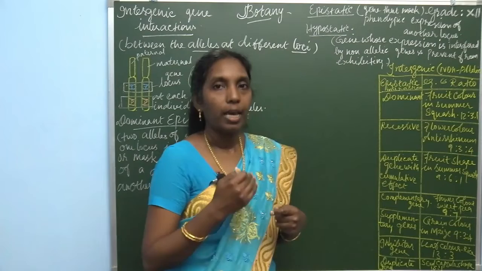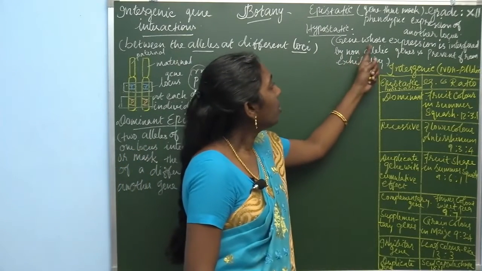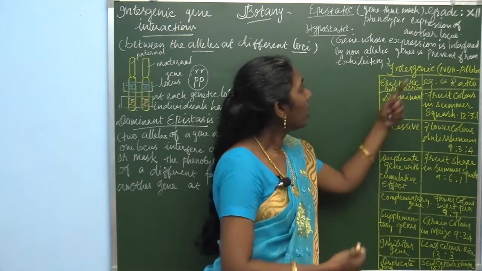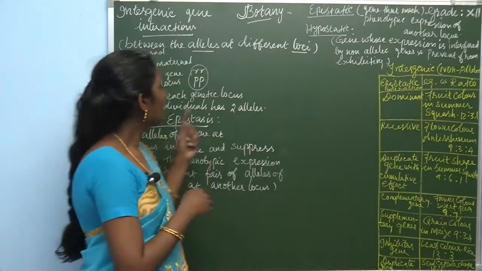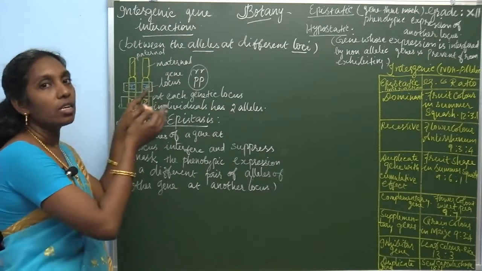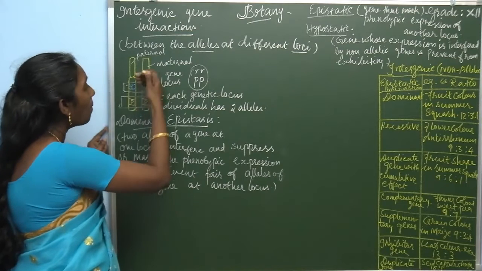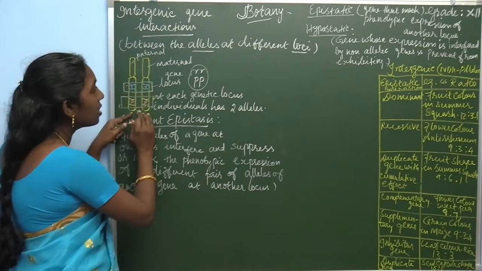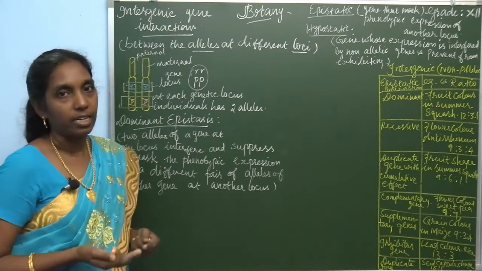What is hypostatic? The gene whose expression is interfered with by non-allelic genes and prevented from exhibiting. So it is never exhibited because the allele of this locus masks the character, that is epistatic, and this expression is not exhibited, that is hypostatic.